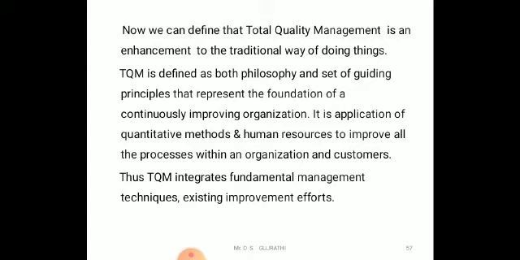So traditionally people are doing the work, only there is a bit of enhancement in the running process. TQM is defined as both a philosophy and a set of guiding principles that represent the foundation of a continuously improving organization. It is the application of quantitative methods and human resources to improve all the processes within an organization and customers.